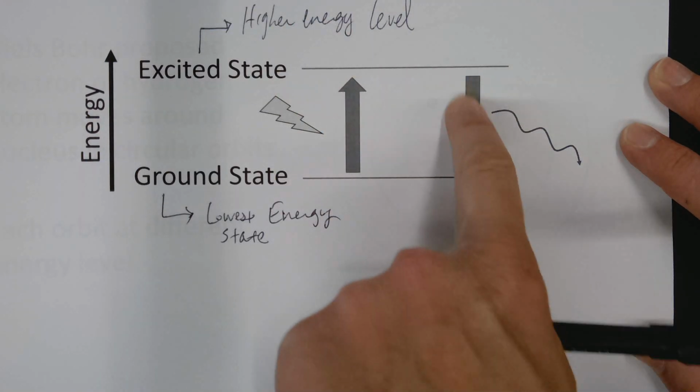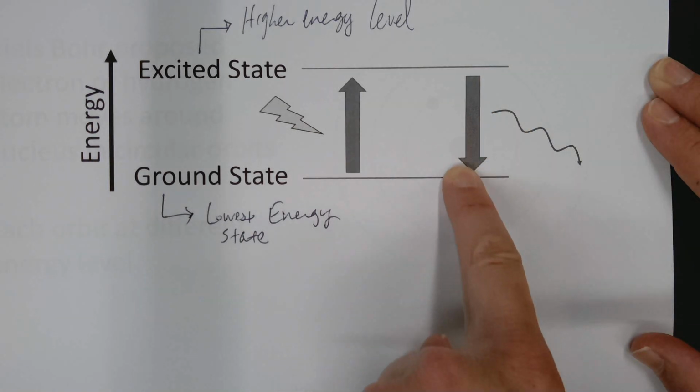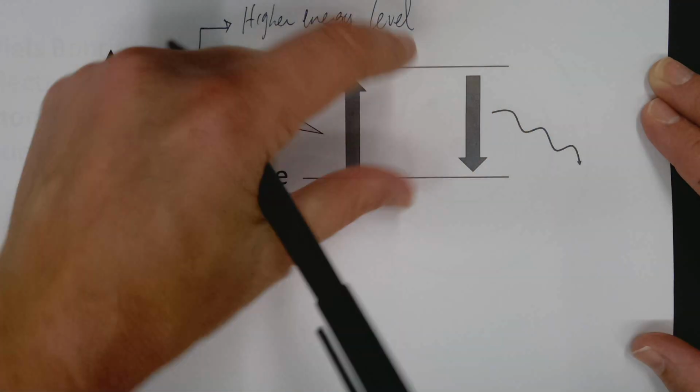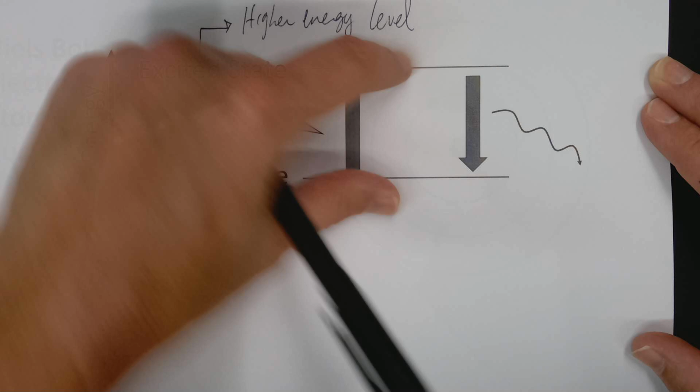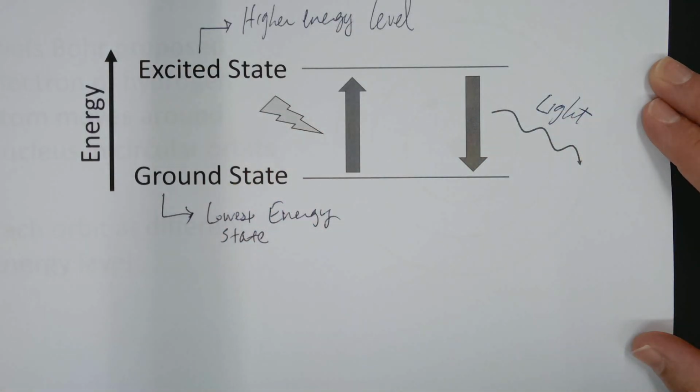When the atom relaxes from the excited state and goes back to the ground state, this extra energy has to go somewhere. And what happens is it's emitted as light.